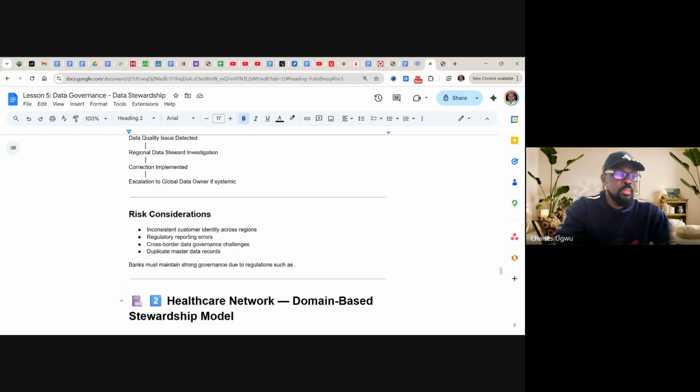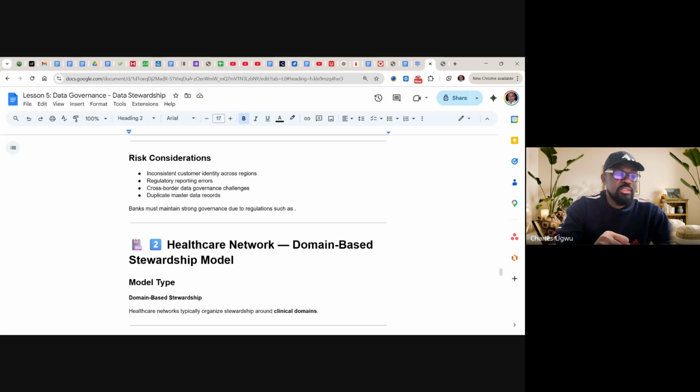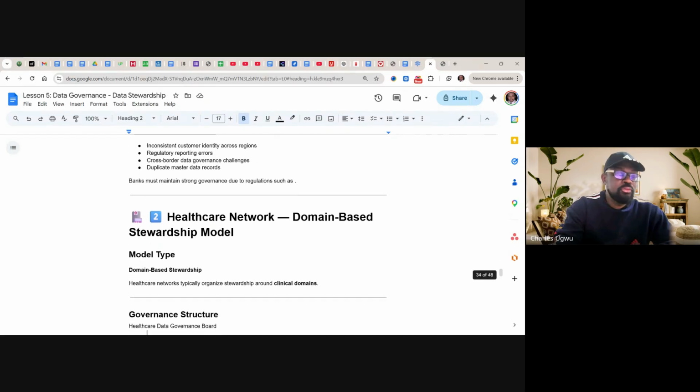So then we look at the healthcare network, and how we can apply the framework we've just developed above. Under healthcare, we are going to look at the model. The model here is domain-based stewardship.